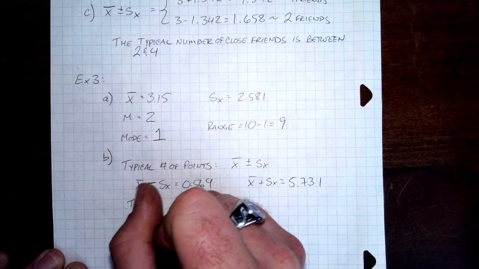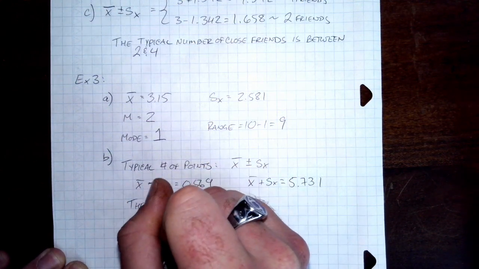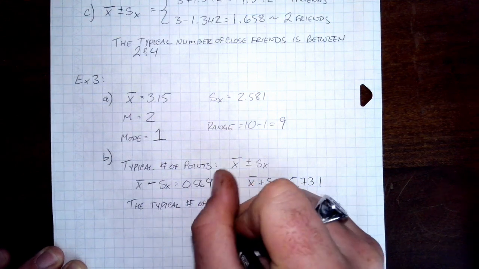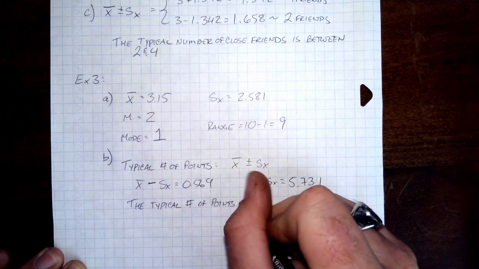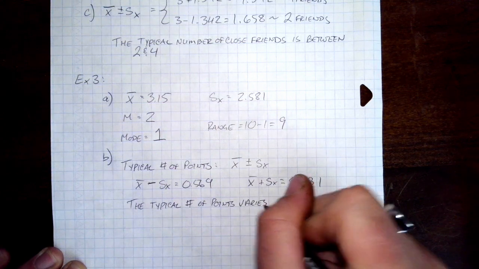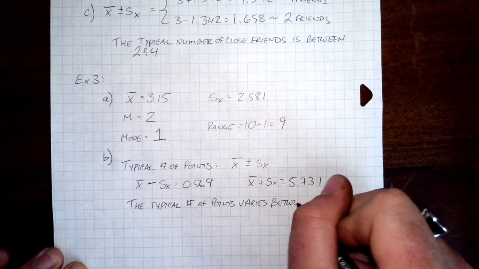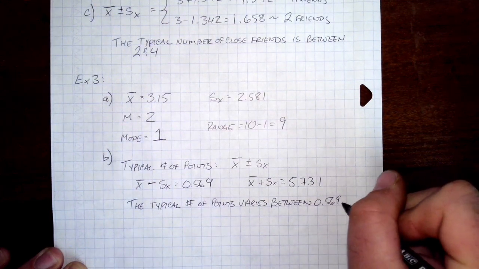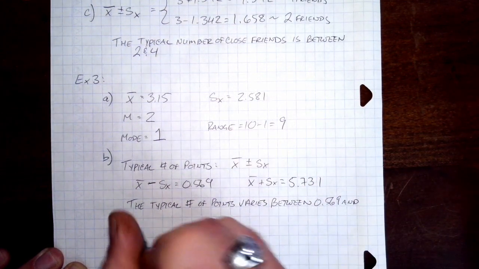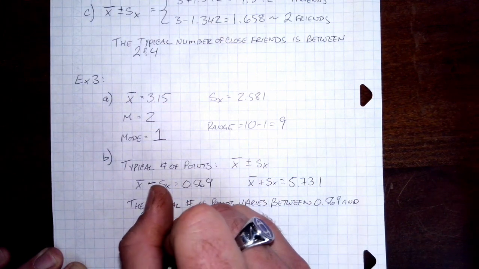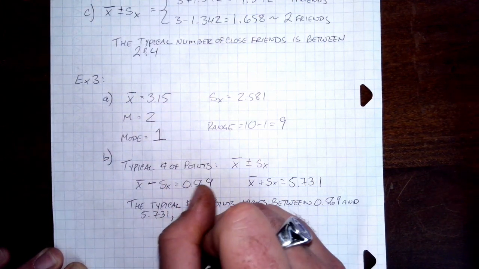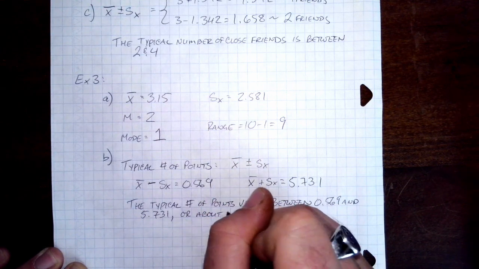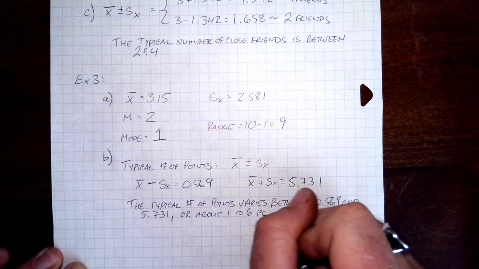So the typical number of points varies between 0.569 and 5.731, but if we want to explain in real world terms, about 1 to 6 points.